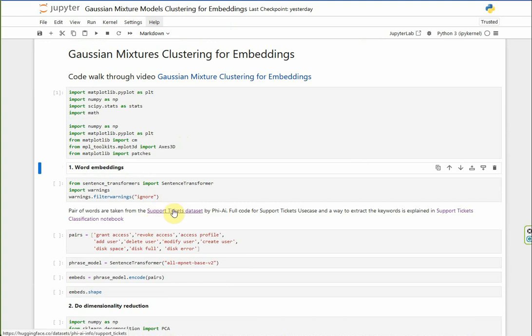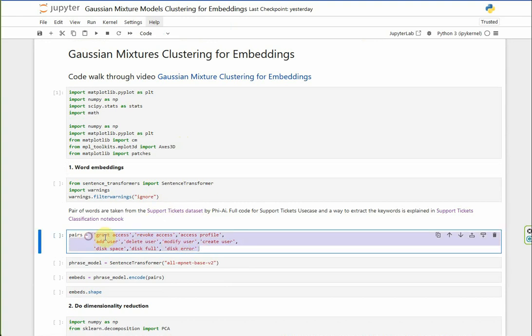From the Support Ticket Dataset, we have extracted 10 pairs of keywords: grant access, revoke access, access profile, add user, delete user, modify user, create user, disk space, disk full, and disk error. How to extract these keywords and what they mean, you can learn by referring to another video, which is especially dedicated to Support Ticket Dataset classification. Also, you can find the k-means clustering video in the description below.